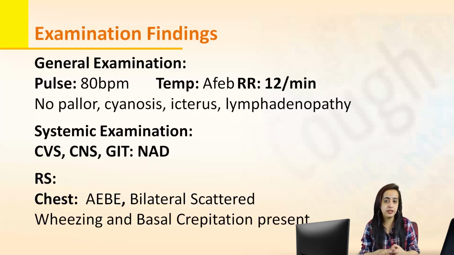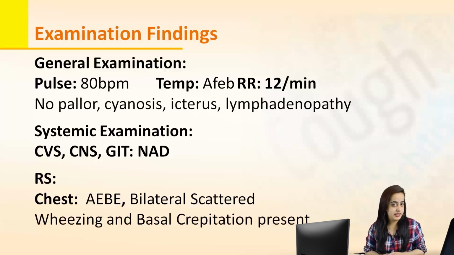We have the pulse at 80 beats per minute, the temperature was afebrile, the respiratory rate was 12 breaths per minute, there was no pallor, cyanosis, icterus, or lymphadenopathy present. Now, when we were doing the systemic examination, we did not find anything abnormal in the CVS, CNS, and the gastrointestinal tract.